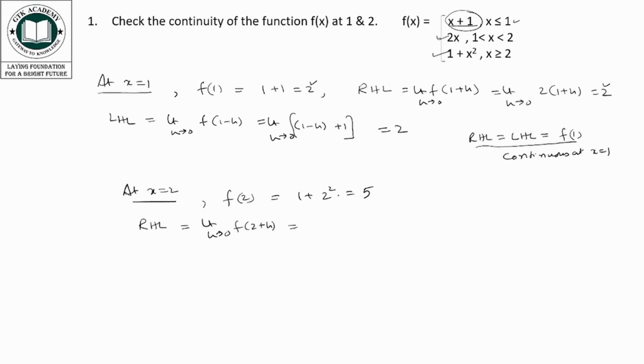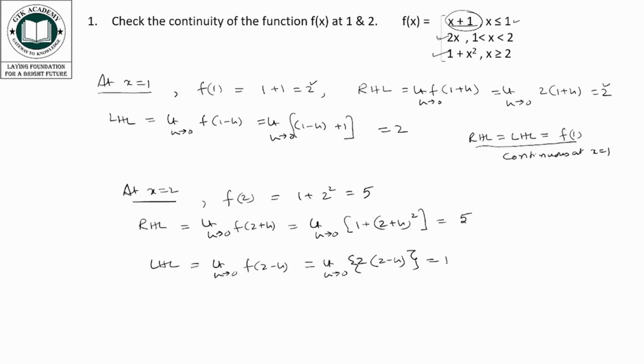That means for x greater than 2, the function is defined as 1 plus x square, limit h tending to 0 of 1 plus (2 plus h) whole square, which is again equal to 5. Left hand limit is equal to limit h tending to 0 of f(2 minus h). So 2 minus h is in the region less than 2 and the function is defined as 2x. Limit h tending to 0 of 2 times (2 minus h), so this equals 4.